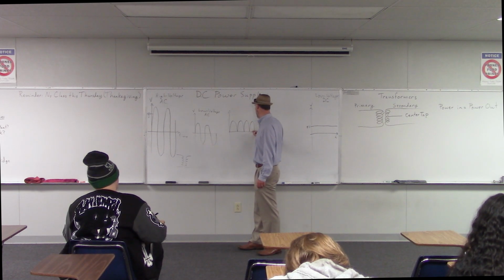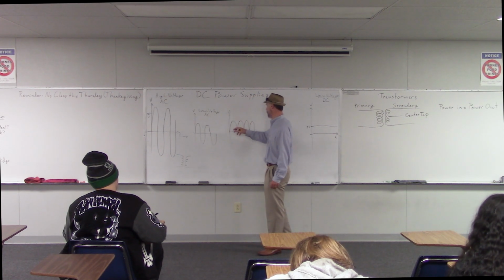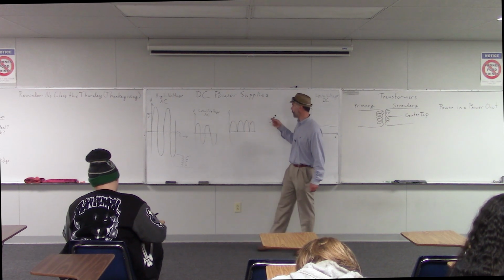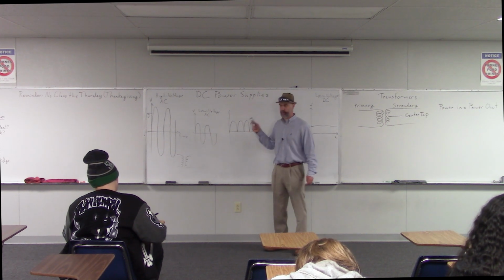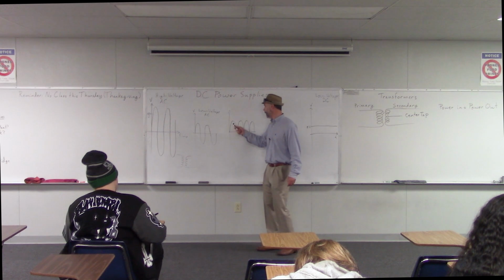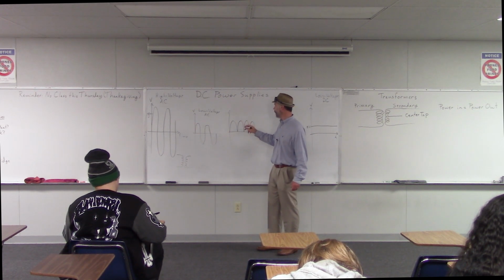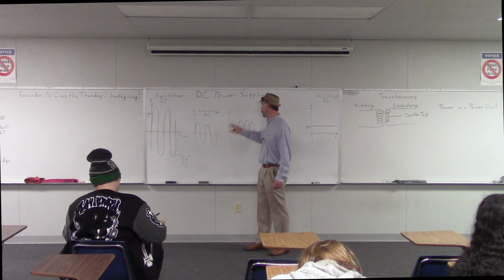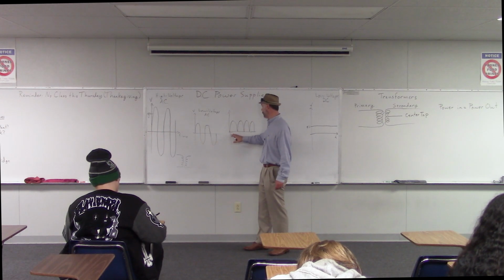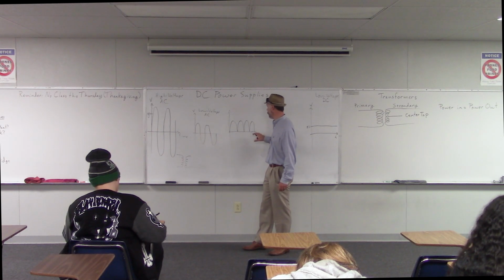Now the exact waveform here can look a little bit different depending on which type of power supply we use. We'll talk about that in a minute. But this is always positive. There's no negative signal at this point anymore.